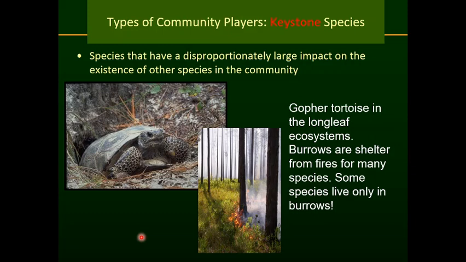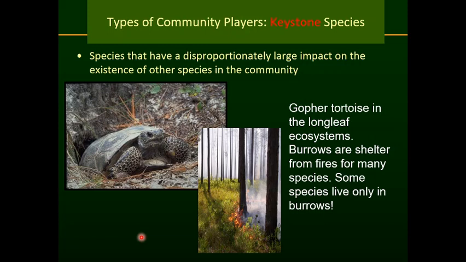But as it turns out, when a fire comes through, other species go and join the tortoise in its burrow. Hundreds of other species, I think it's something like 300 other species, have been found sharing the burrows of gopher tortoises during fire times. And even birds have been seen to duck into the tortoise burrows. And so the tortoises wind up creating this very specialized habitat in the ecosystem that would not be there otherwise.